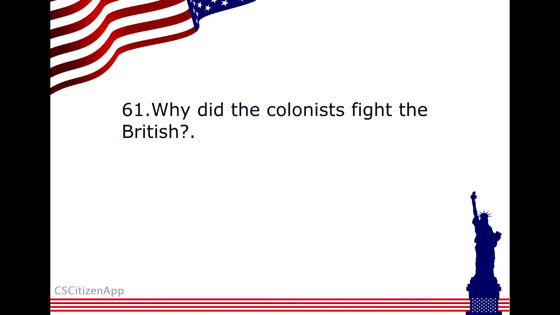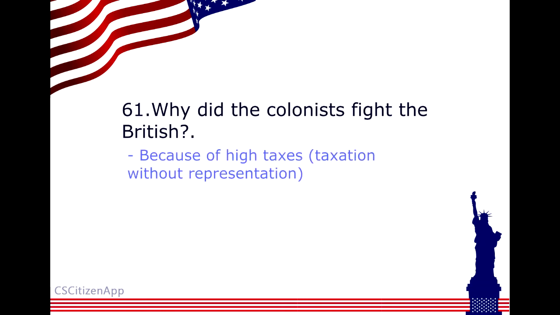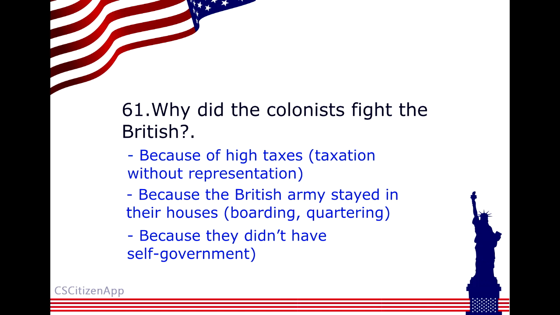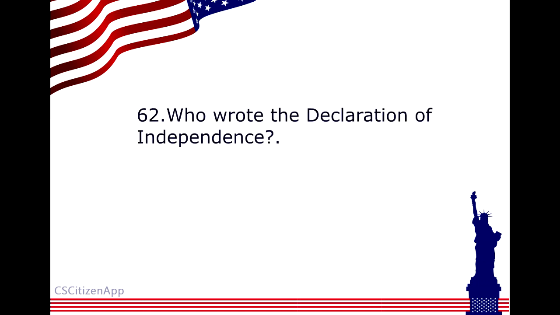Why did the colonists fight the British? Because of high taxes, taxation without representation. Because the British Army stayed in their houses, boarding, quartering. Because they didn't have self-government. Who wrote the Declaration of Independence?